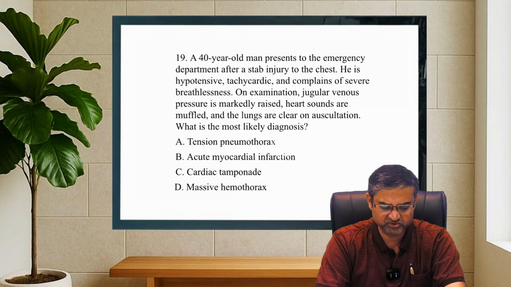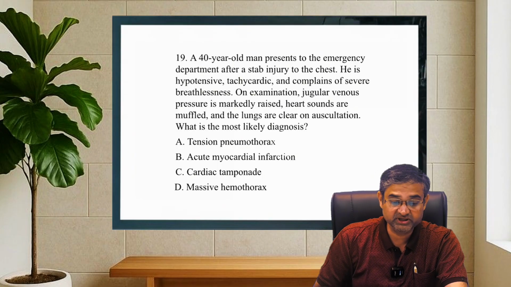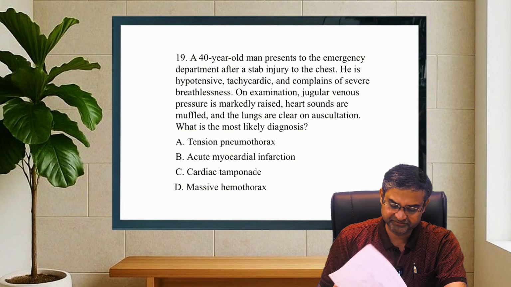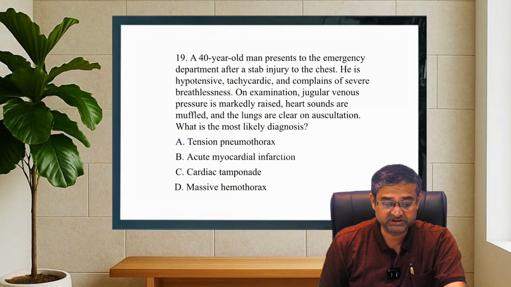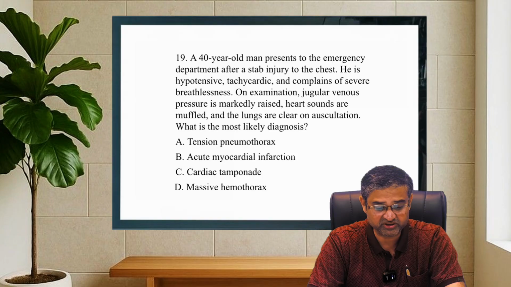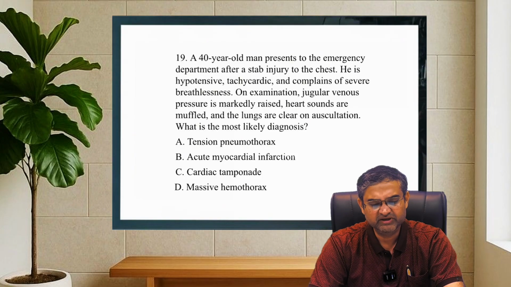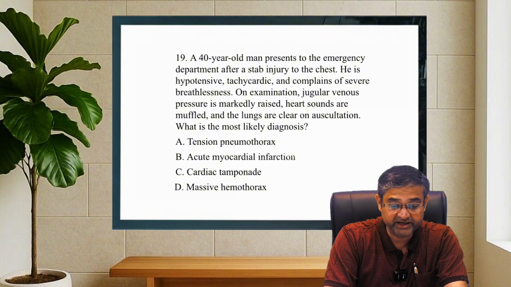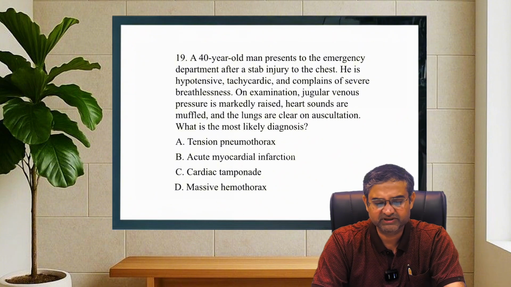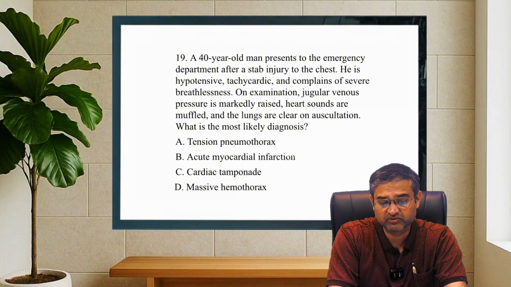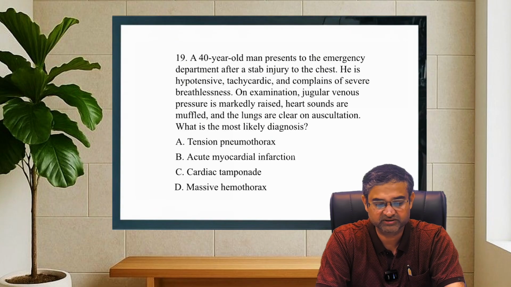Option A is tension pneumothorax. Option B is acute myocardial infarction. Option C is cardiac tamponade, and option D is massive hemothorax. The answer for this is cardiac tamponade. See, you have a great clue, that is, lungs are clear on auscultation.